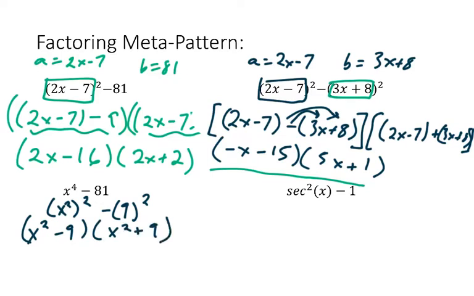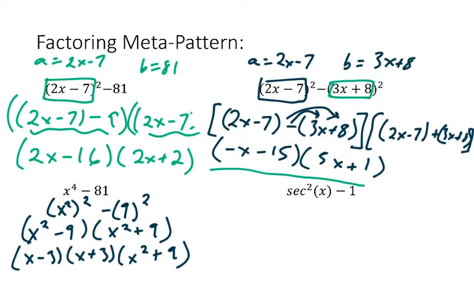And what's crazy is the 9 over here is also squared, so I can actually split this one again. So that's going to be an x minus 3, x plus 3, and an x squared plus 9. So notice I can split it again.